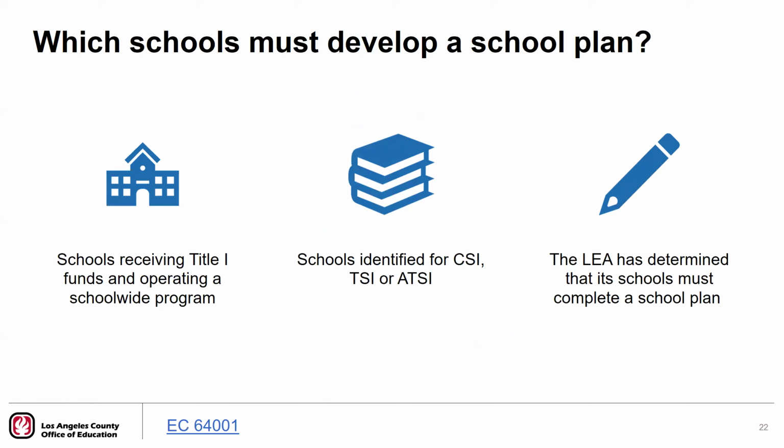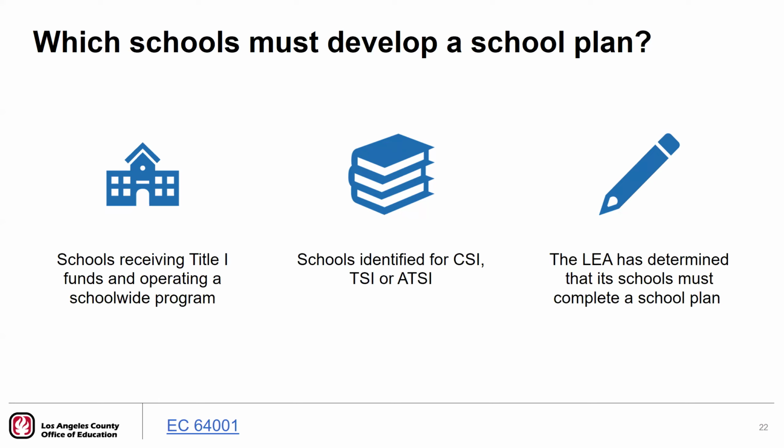So which schools must develop a school plan? So as Adrian mentioned, the Every Student Succeeds Act requires schools receiving Title I funds and operating a school-wide program to develop a school plan. Schools identified for CSI, TSI, or ATSI under ESSA are also required to develop and implement a school improvement plan.